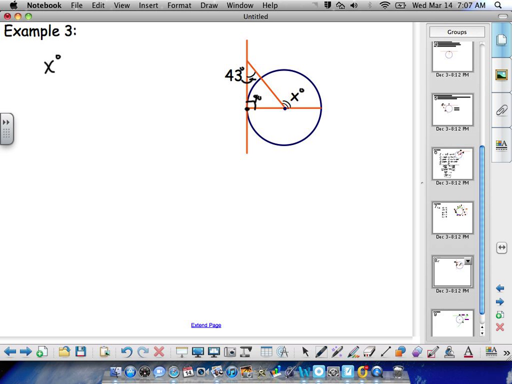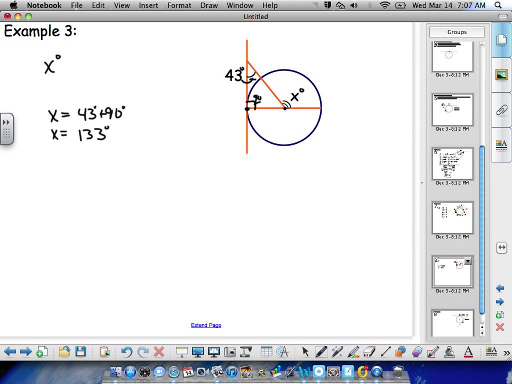So now we know there are two ways we can solve this problem. First, x is an exterior angle, so it must equal the sum of the two remote interior angles. So x should equal 43 plus 90. So x will equal 133 degrees. The other way you could solve this is knowing that the sum of the angles of a triangle is 180.